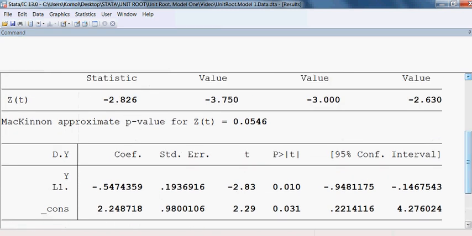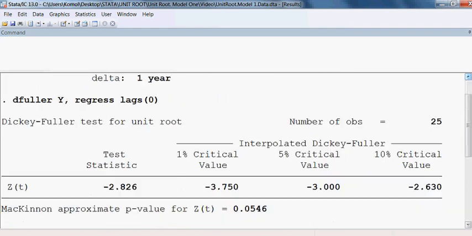What is null? Null we have already seen. I can show you again. Null is y has unit root or not stationary.